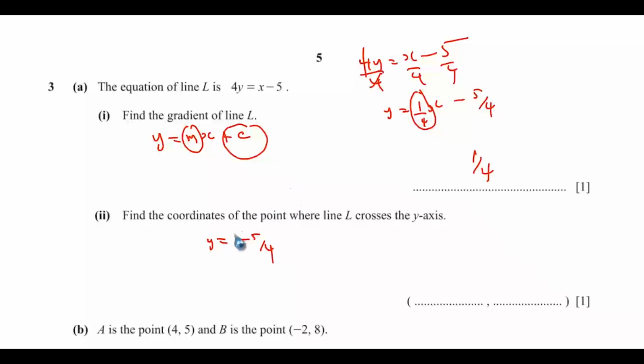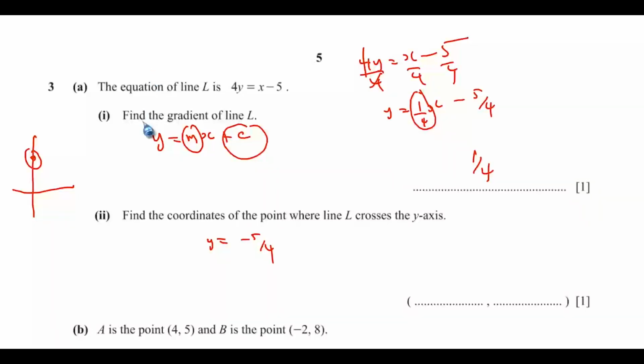So to get the corresponding value of x, of course, x must be equal to 0. Because if you have the grid like this, once the straight line touches the y-axis here, definitely the value of x must be equal to 0.